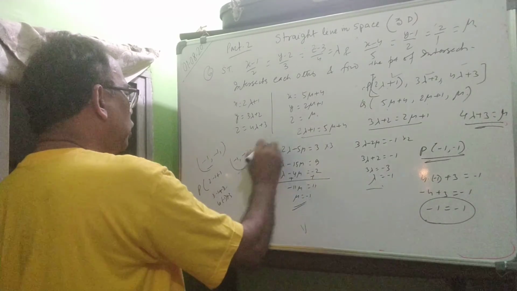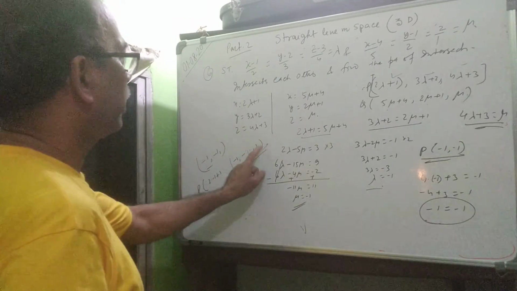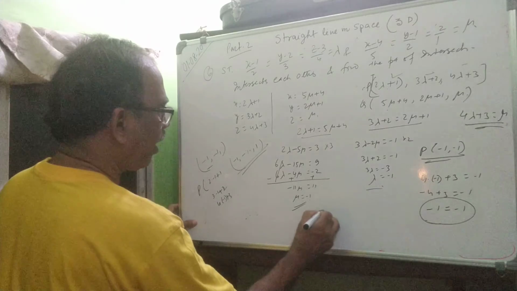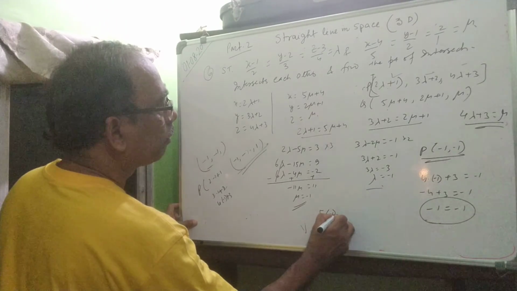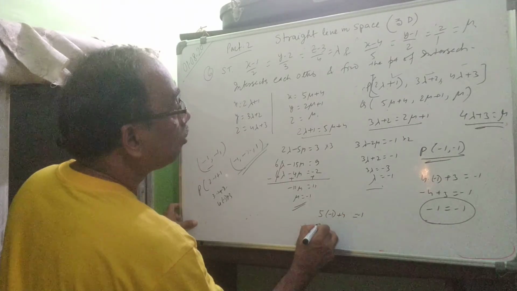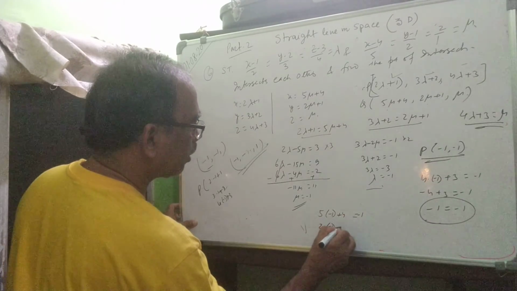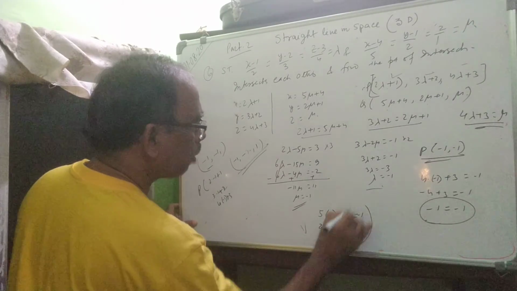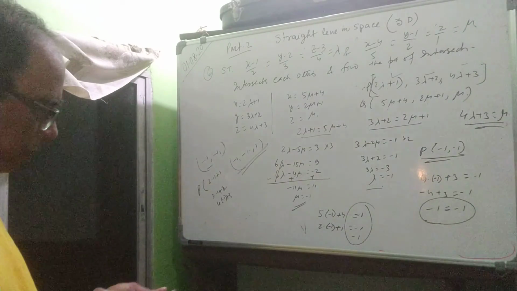So the point of intersection is minus 1, minus 1, minus 1. You can put it in the other equation and the same answer will come. Look here, 5 into minus 1 plus 4 is minus 1, 2 into minus 1 plus 1 is minus 1, and mu is minus 1. All these points come the same, therefore they coincide with each other.